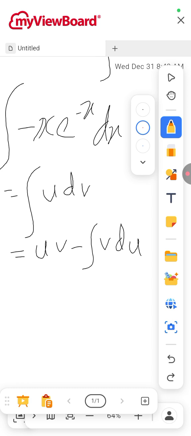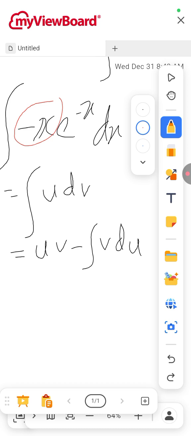So now the question is, what's my u, what's my dv, what's my v, what's my du? It's very simple. From the question you are trying to integrate, the one I will call my u is the function that is easier to differentiate. I know that this minus x will give me a simple derivative, which is just minus 1.